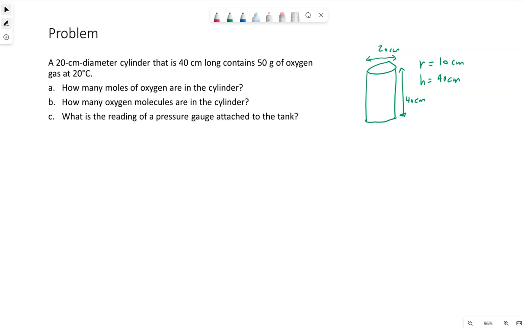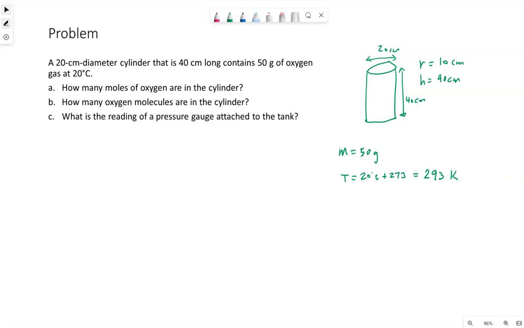We have 50 grams of oxygen gas, and our temperature is 20 degrees Celsius, which I'm going to go ahead and put into Kelvin. So 293 Kelvin.